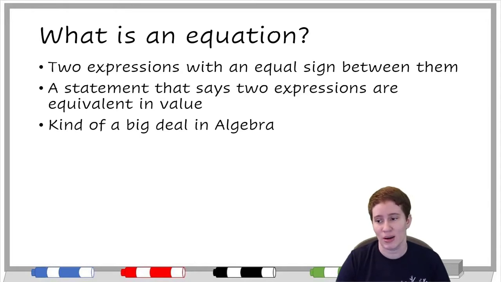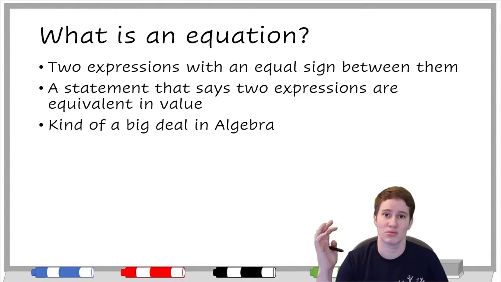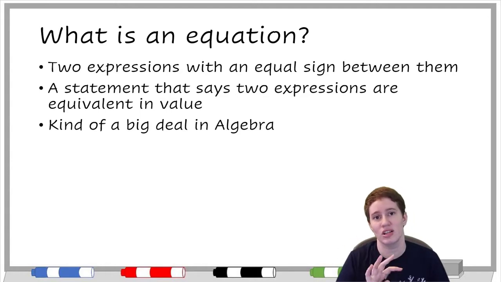An equation happens when you have two expressions that have an equal sign between them, showing that the thing on the left side of the equal sign and the thing on the right side are equivalent, that they are replaceable. Kind of like if I had my name equals mom, those are interchangeable, right?